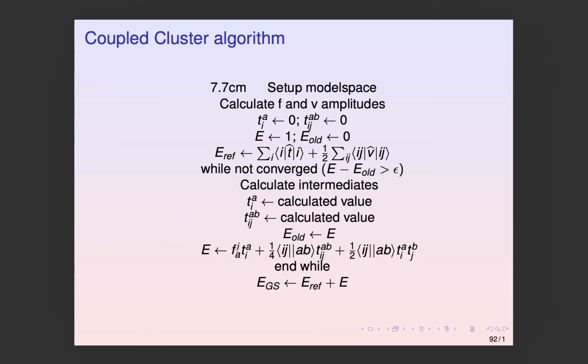The new energy is given by the new amplitudes multiplied with these elements which you have stored once and for all. Then you continue till the convergence criterion has been reached. And that's the standard recipe, a lookalike of what you had with the Hartree-Fock recipe.